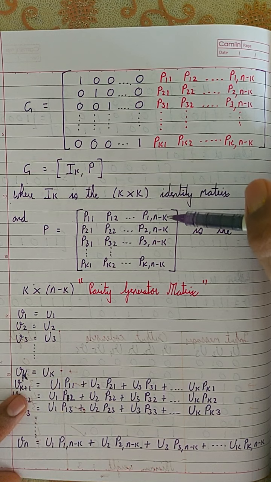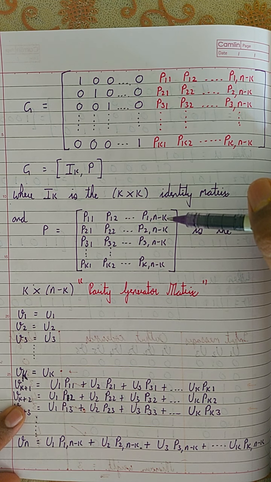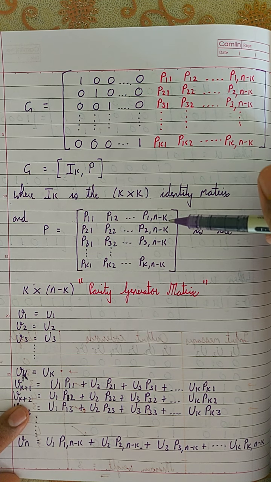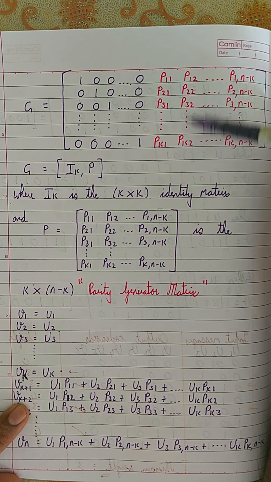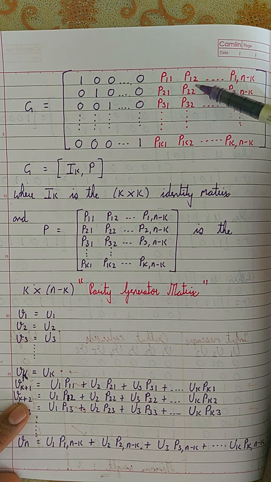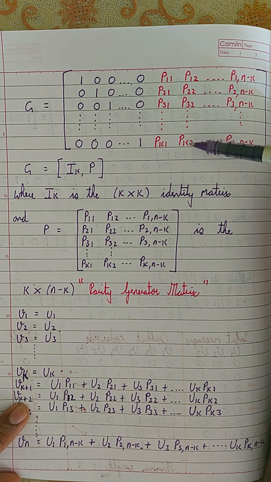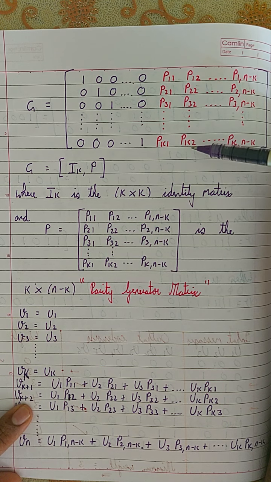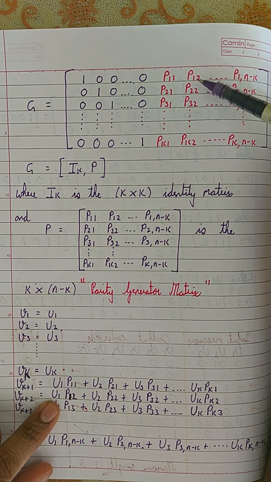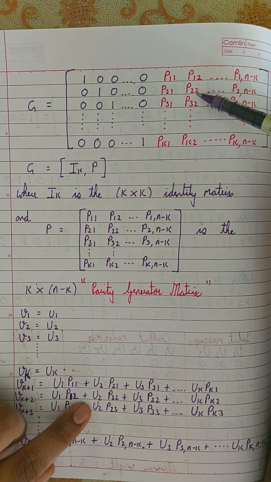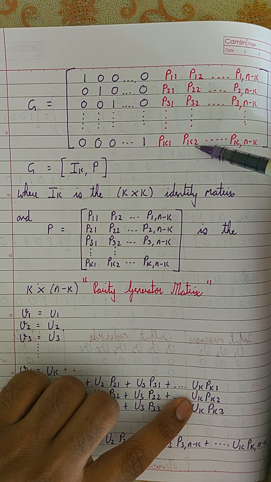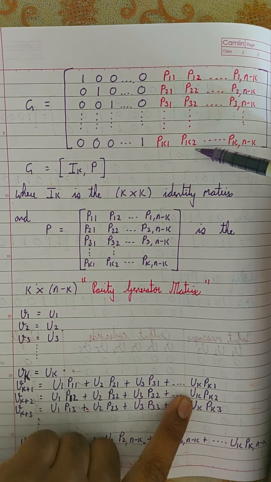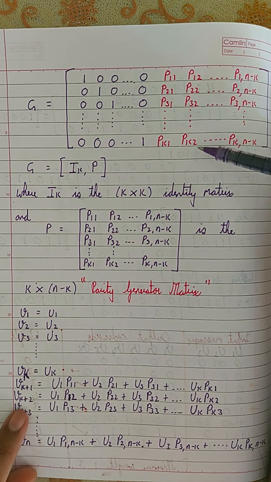Now the next bit, V(k+2): we multiply the message bits with the second column of the parity generator matrix, which is P12, P22, P32, up to Pk2. Therefore V(k+2) is equal to U1 P12 plus U2 P22 plus U3 P32, and it goes on up to Uk Pk2.